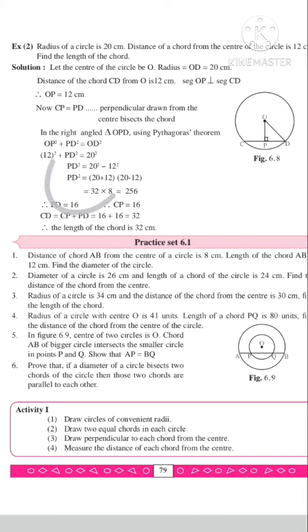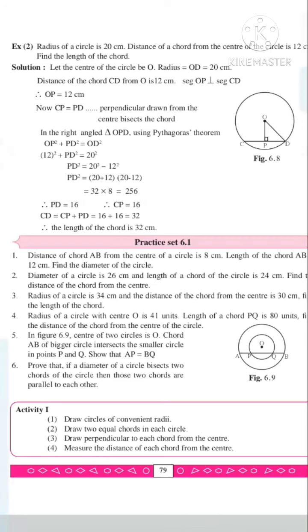Now I will arrange. After arranging, 20 square minus 12 square, after splitting, you will get PD square is 256. So PD is 16 centimeters.